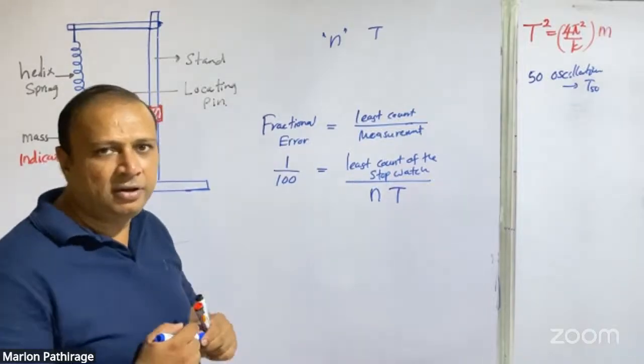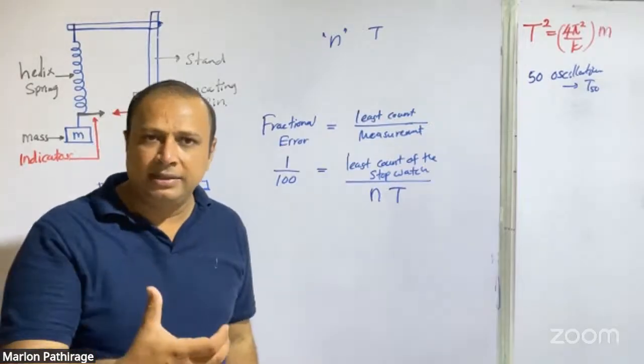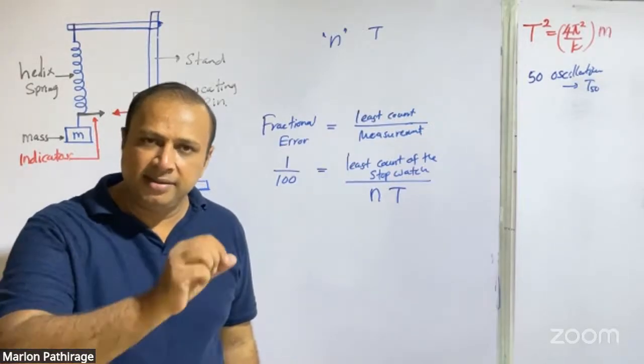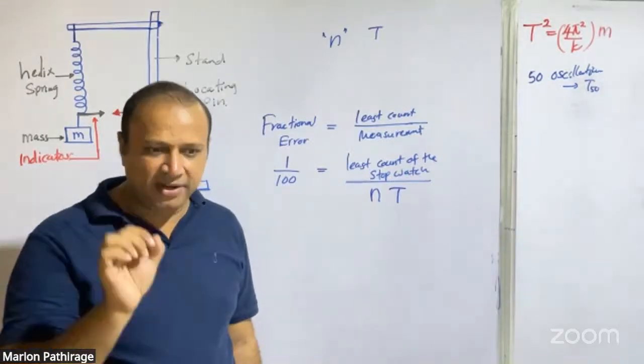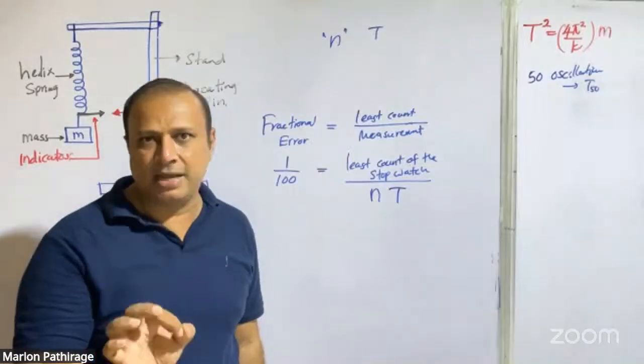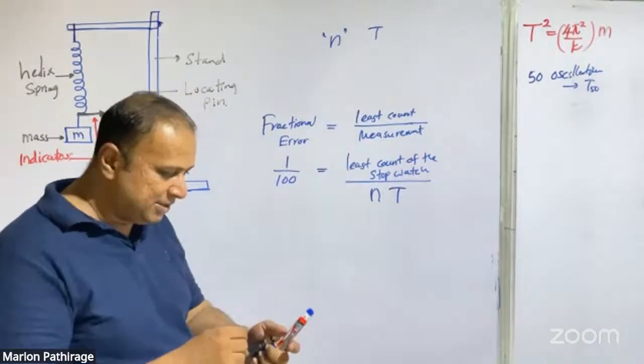The least count of the stopwatch is a known value, because a measuring instrument is rated. Therefore, there is the least count, and we know this thing. Suppose that value is x.